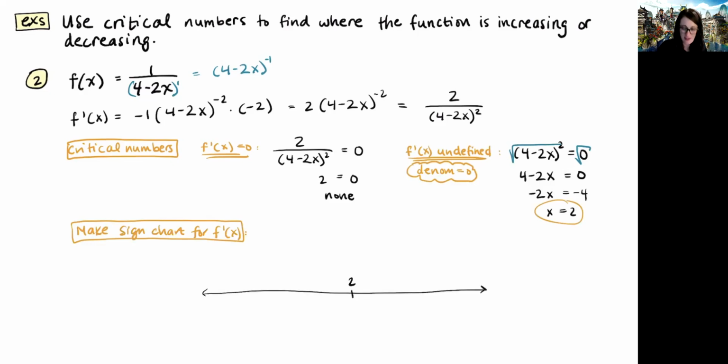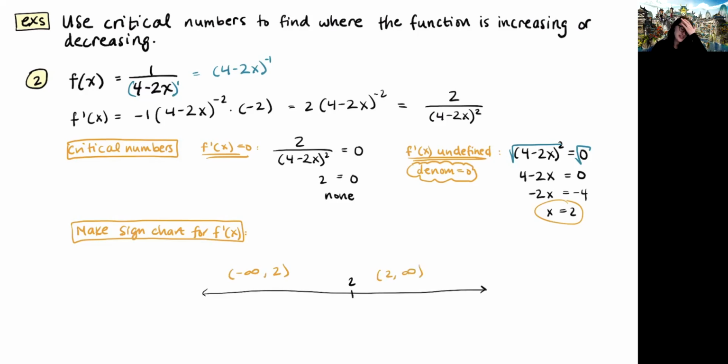Here's just a decently sized number line. And we're going to put our critical number on the number line. So we've only got one of them. So that's going to split up our number line, or our x values, into 2 different intervals. All numbers less than 2, and all numbers greater than 2.